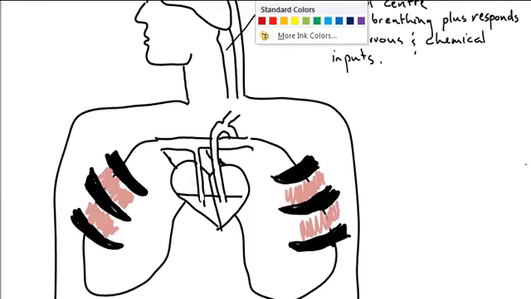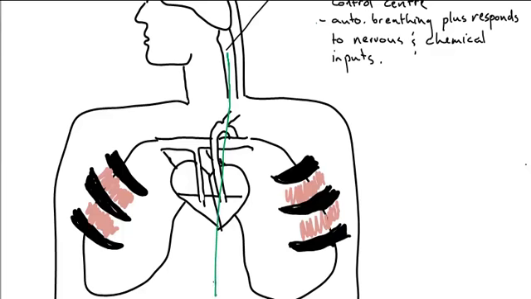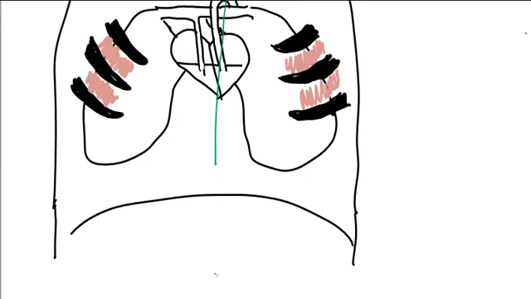Automatically, it will send signals via the phrenic nerve down to the diaphragm. Okay, so this is what we call the phrenic nerve. The phrenic nerve causes contraction of the diaphragm. And the way I remembered the phrenic is the one for the diaphragm. It's pretty easy.